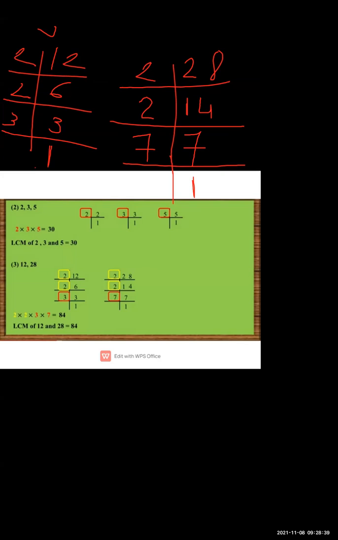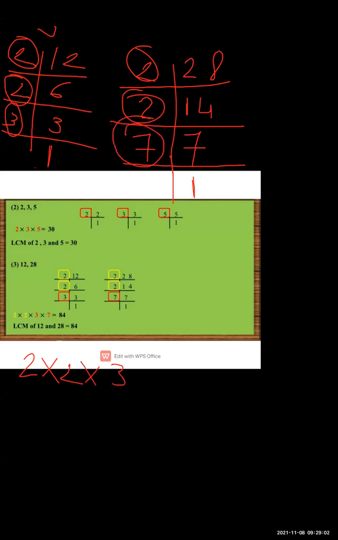First we will write the common multiple, that is 2 2, so we will write here 2. Again 2 2, so we will write here multiplied by 2. Next 3. 3 is not there, so we will write only a 3. 7 is also left over, so we will write here 7.